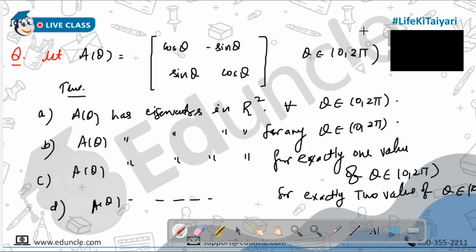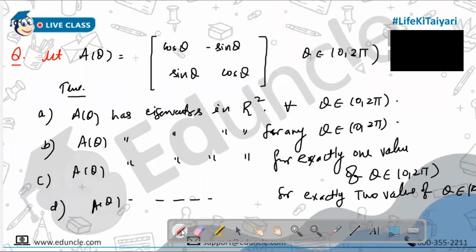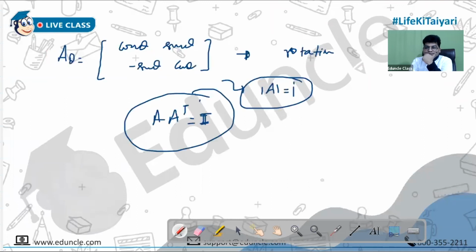Because sir, A A transpose equal to I. If we take the determinant on both sides, then the determinant of A multiplied by the determinant of A transpose equals the determinant of I. The determinant of I cannot be imaginary, so it will be 1. When we take the square root on both sides, only plus or minus 1 can come, not I. So sir, this proves that I cannot occur. Okay. The determinant of an orthogonal matrix cannot be I. Okay, sorry, of an orthogonal matrix.